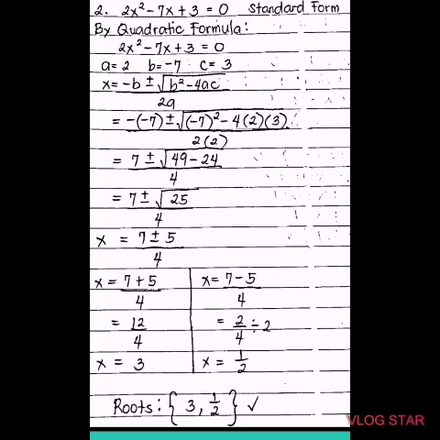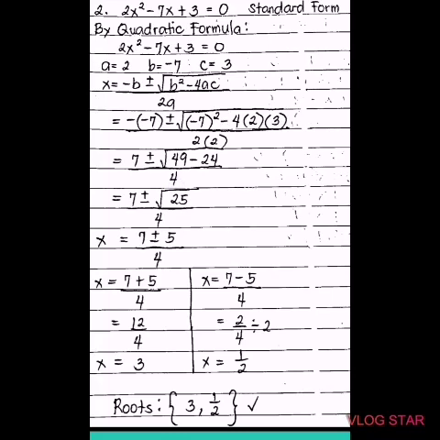And then over 2 times the value of a, which is 2. So negative times negative 7 is positive 7. What is negative 7 raised to 2? That is 49. How about 3 times 2? 6 times negative 4 is negative 24. So that is 49 minus 24, all over 2 times 2, which is 4.